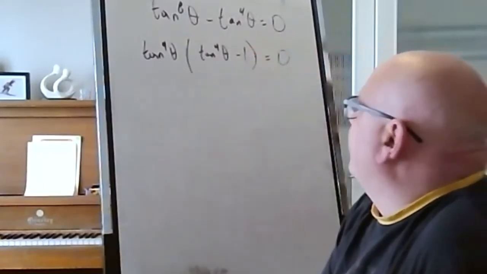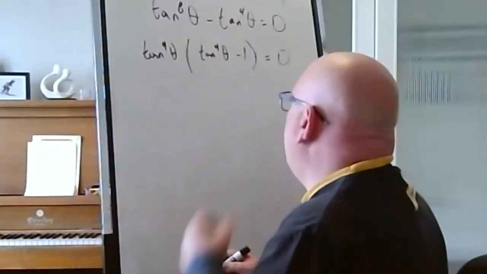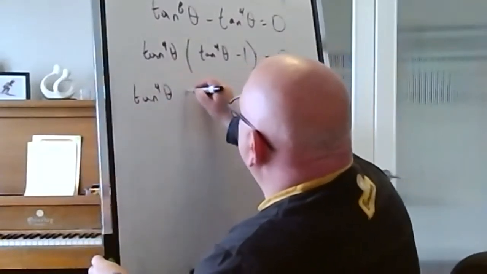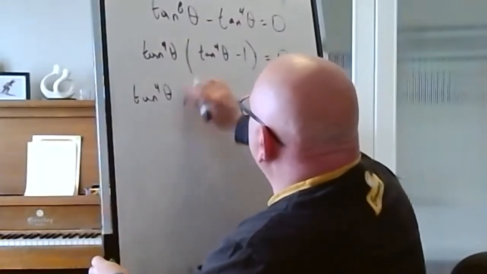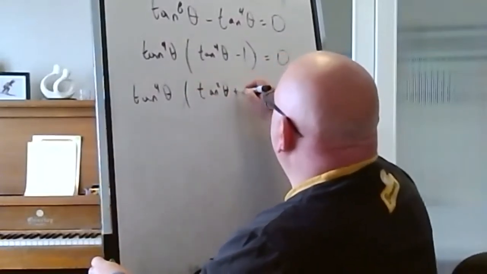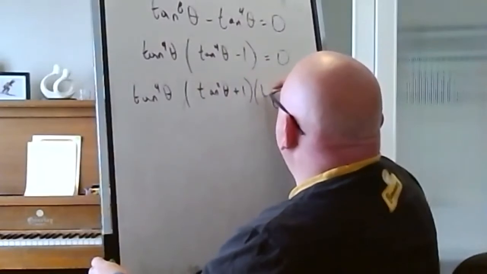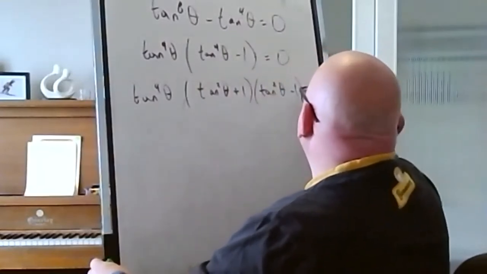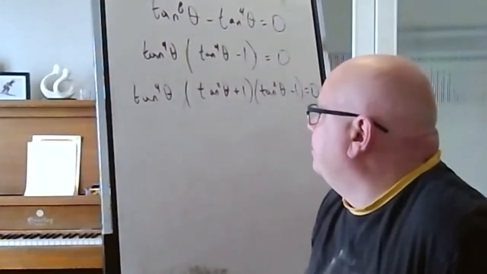This we can factor further. So this is tan 4 theta times tan squared theta plus 1 times tan squared theta minus 1 is equal to 0.